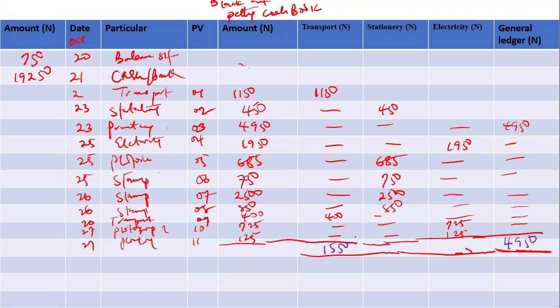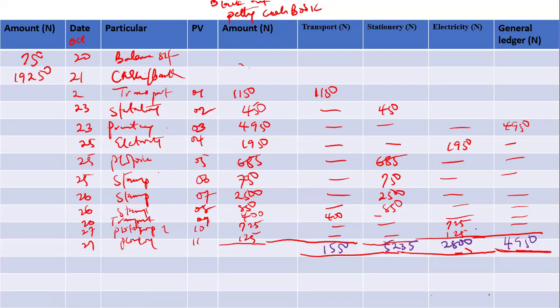So this gives us 5235. And then we also move to the next one, 1950 plus 725 plus 125. That gives us 2800. Now, if you add it all up, it gives you everything.